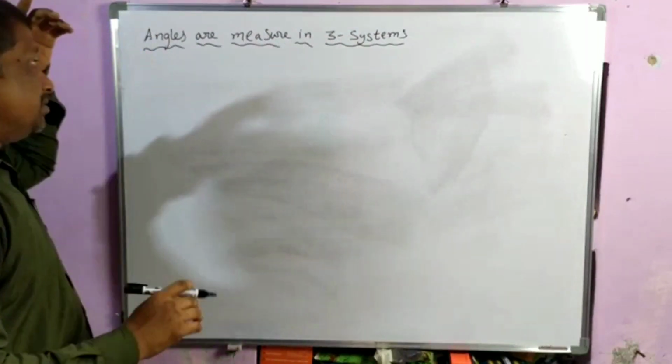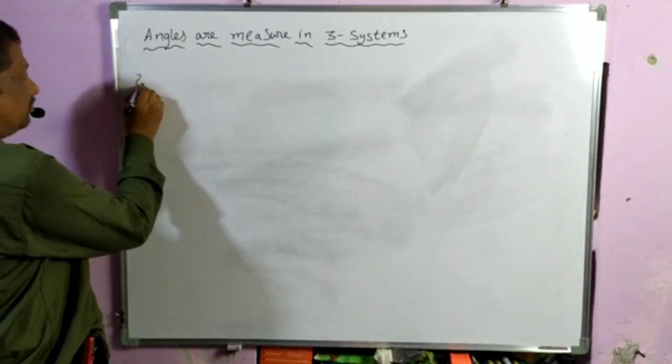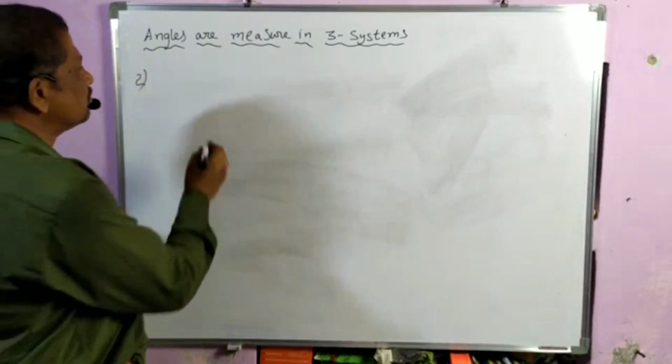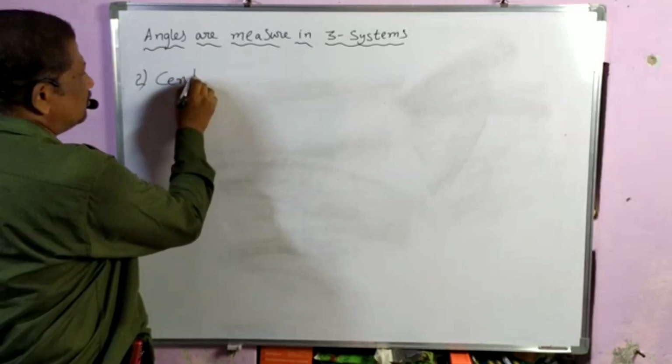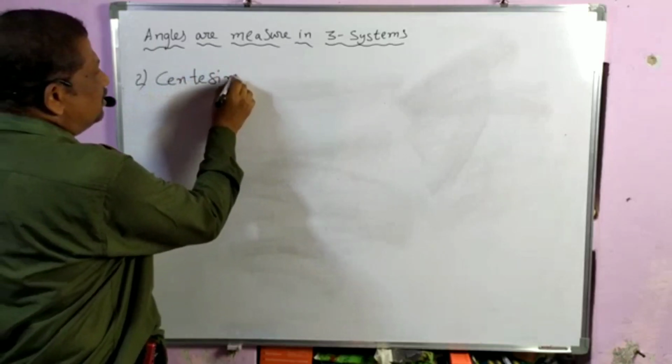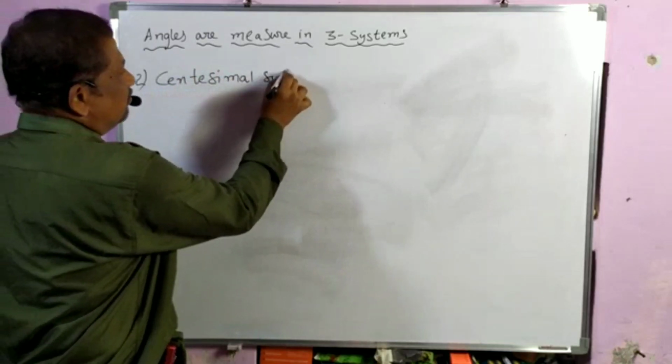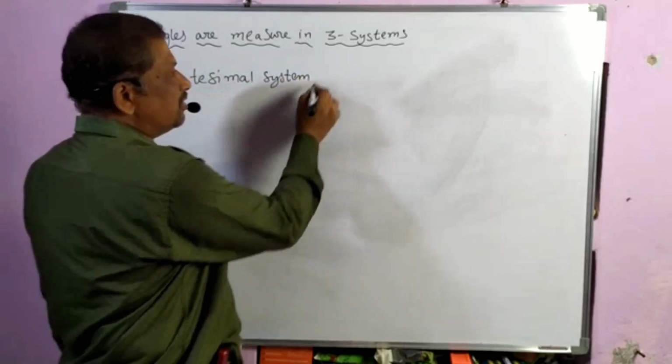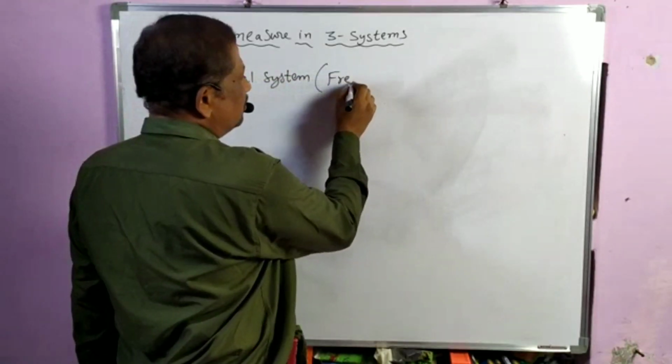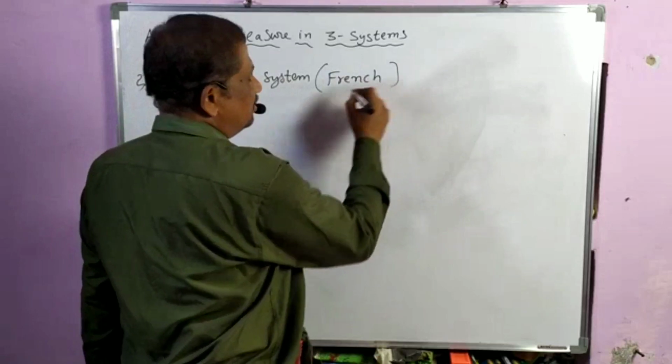Next, the centesimal system. This system is called the French system.